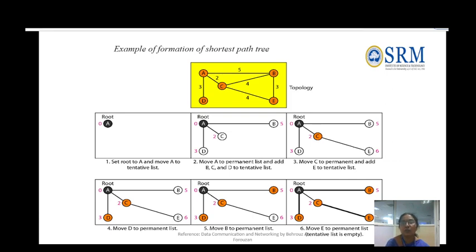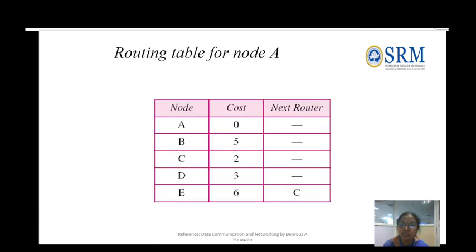Now, after identifying the shortest path from the root node, we provide the routing table for node A. We consider node A as the root node, find the shortest path to each destination, and identify the next hop.